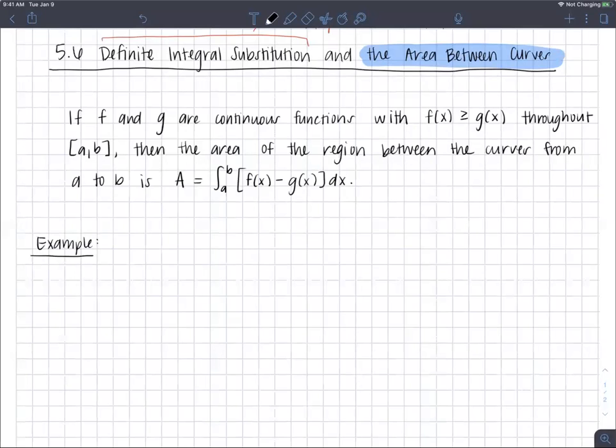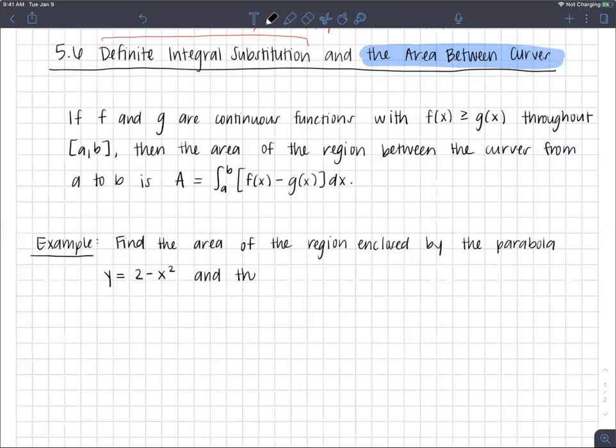Okay, so for this example, we're going to find the area of the region enclosed by the parabola y equals 2 minus x squared, and the line y equals negative x.